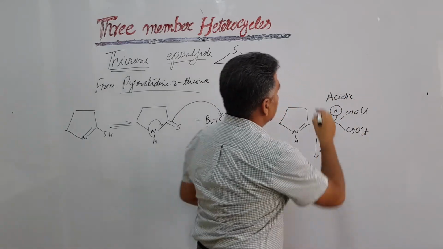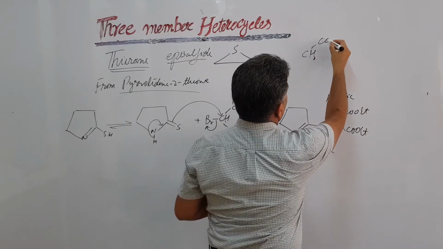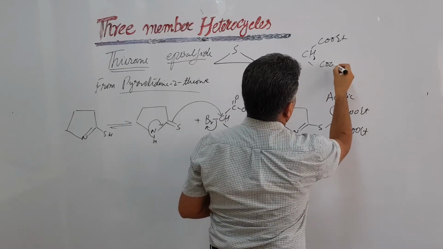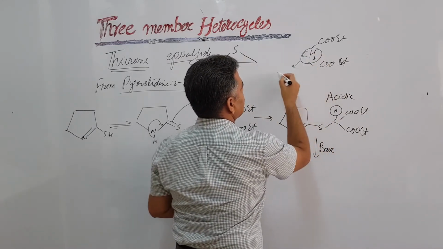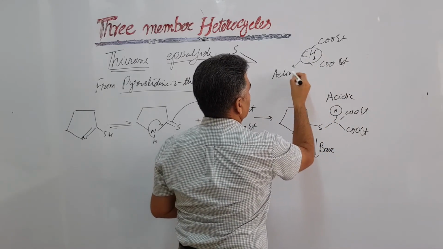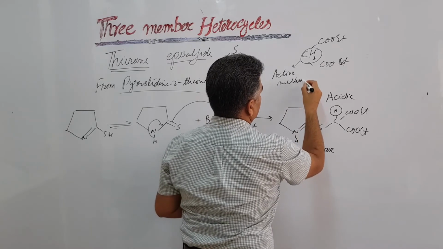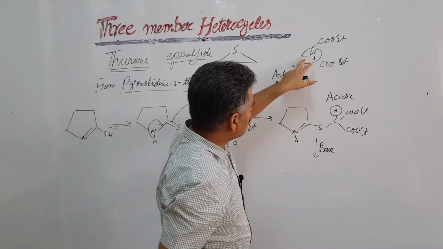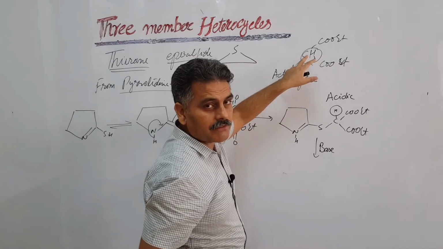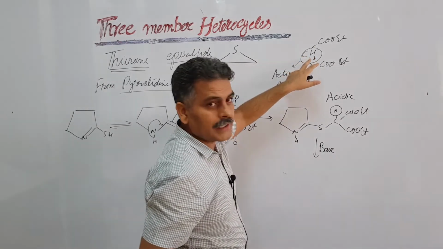We know that the methylene of diethyl malonate is referred to as active methylene, because the hydrogens attached with this carbon are acidic, and we can remove these hydrogens by using base.